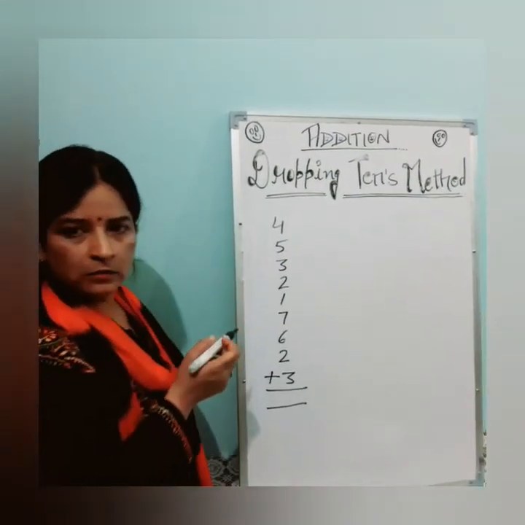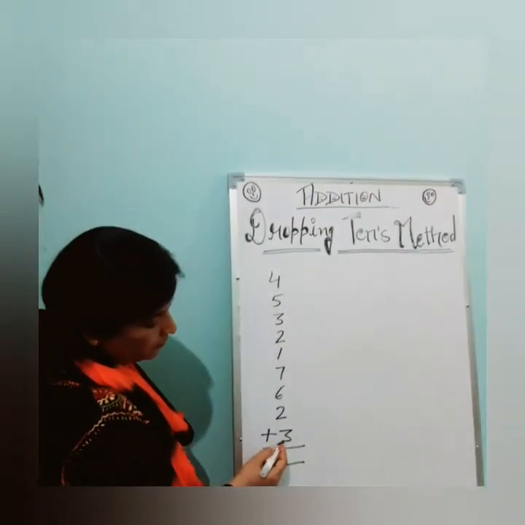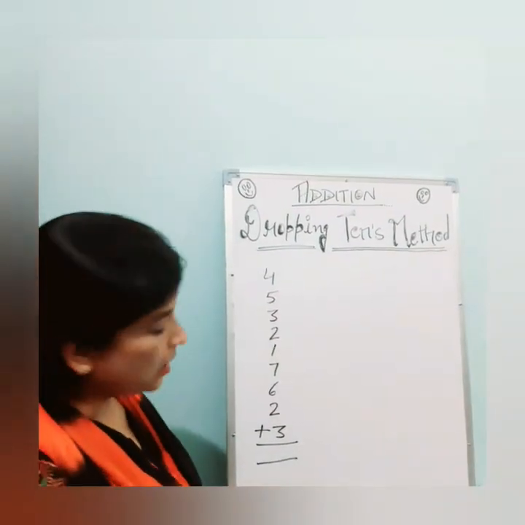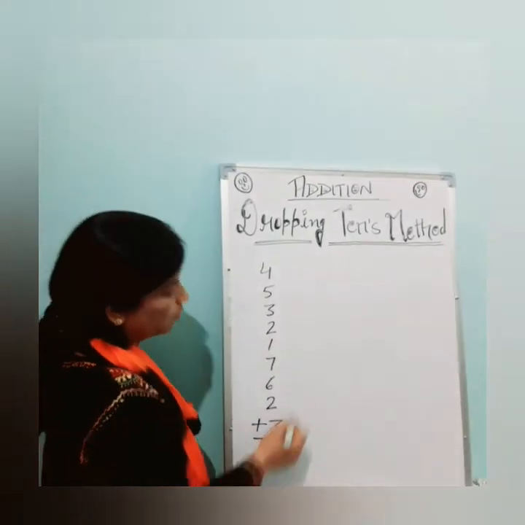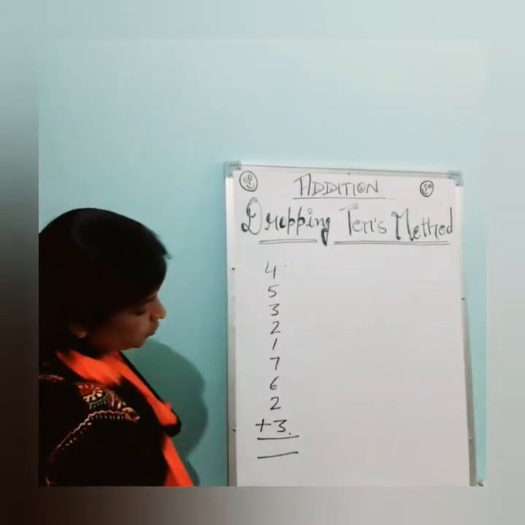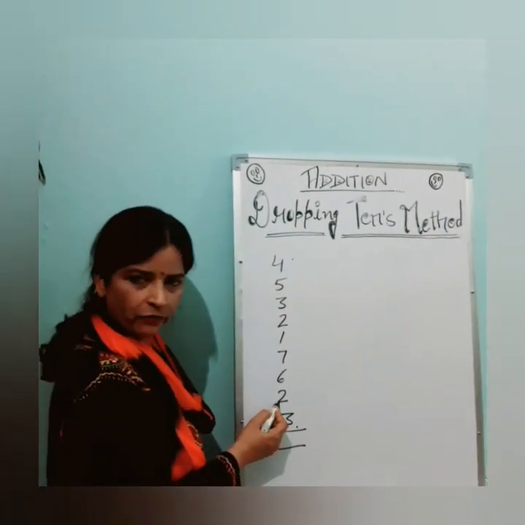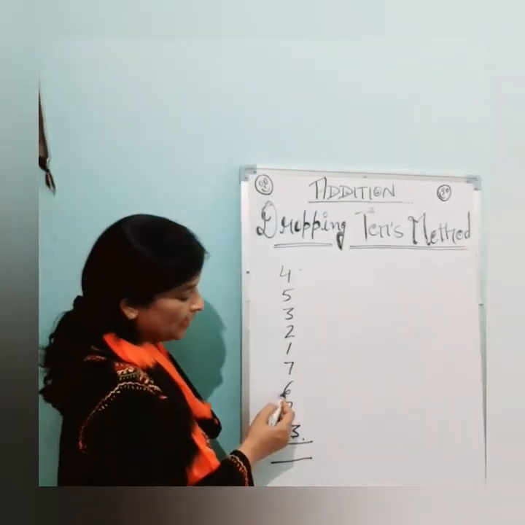Generally we start addition from top to bottom, but here we will start addition from bottom to top. So start: 3 plus 2, 5. 5 plus 6, 11.